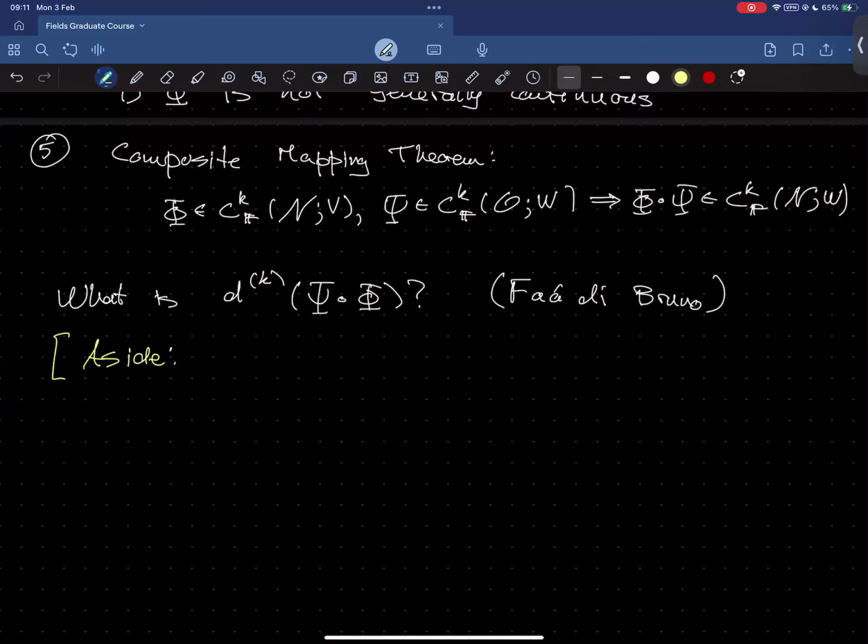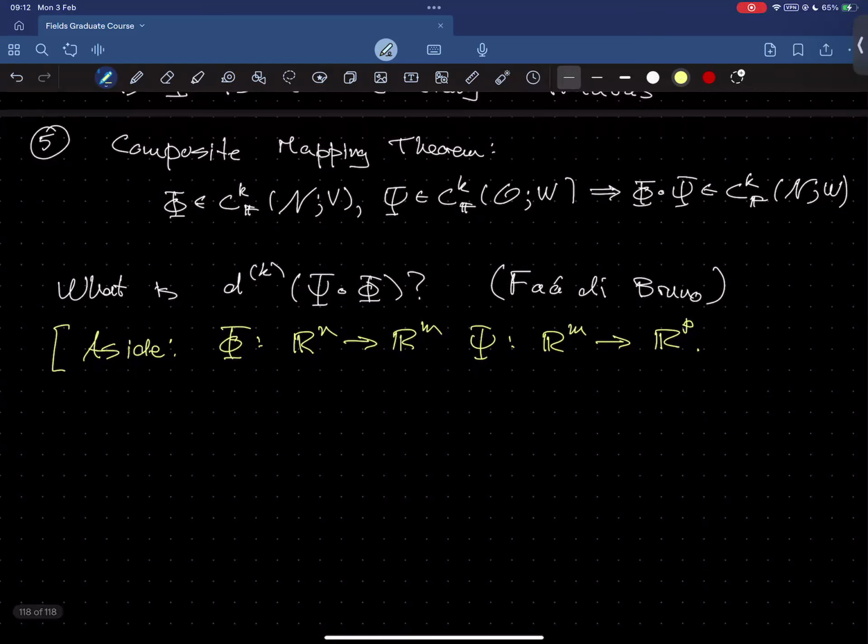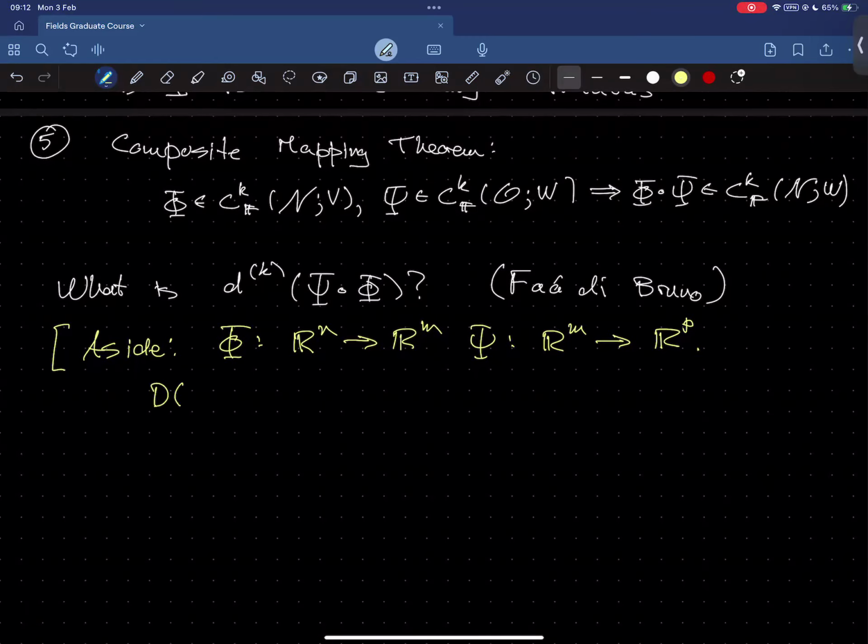Let's suppose we have phi mapping, as we do when we talk about this stuff, R^n into R^m, and psi mapping R^m into R^p, let's say. So let's think just about Jacobians, just normal Jacobians, and you know the chain rule formula is this.